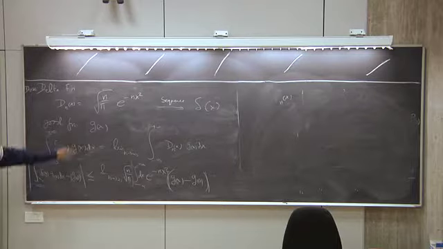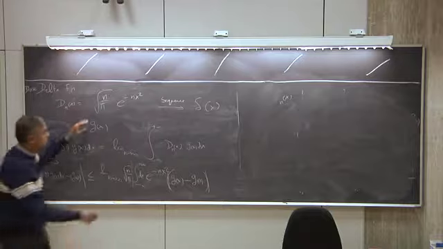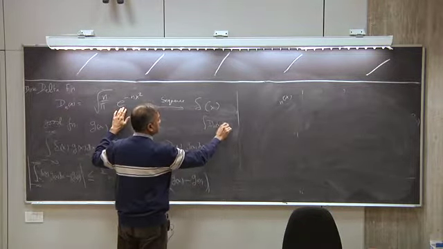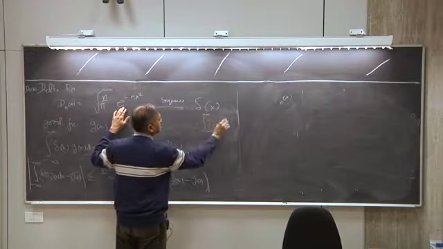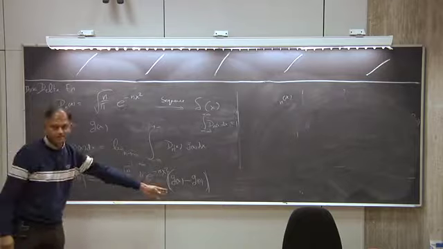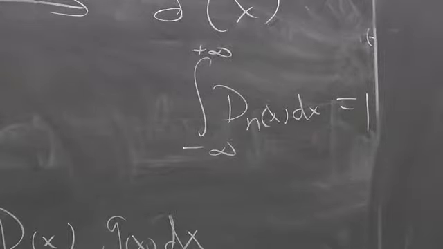So that's a special case because this was true: the integral of dn(x) dx from minus infinity to plus infinity was actually equal to 1. So I just replace this 1 by that integral, times g0, g at 0.